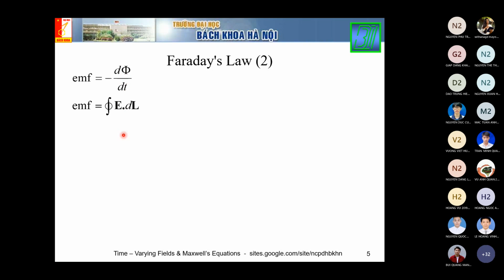The numerator here can be found from this, the area integration of B dot ds. Combining all of this, we come to this one.